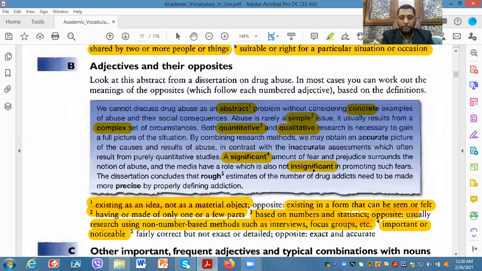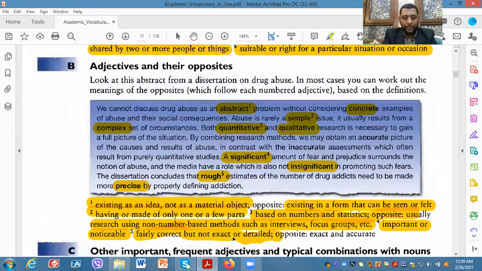Okay, so all right, the dissertation concludes that rough estimates of the number of drug addicts need to be made more precise by properly defining addiction. Okay, so rough, it means, number 5, fairly correct, but not exact or detailed. Okay, this is the meaning of rough as an adjective. It means correct, but not 100%.